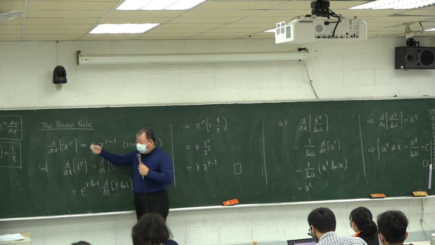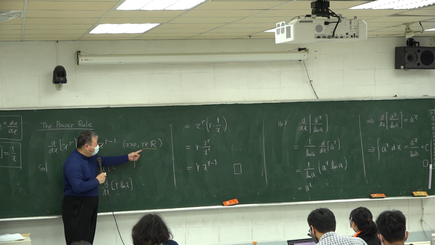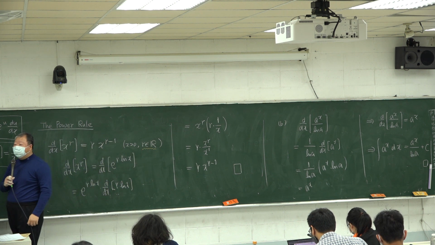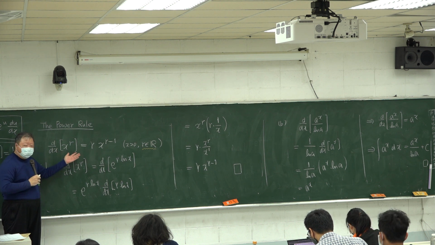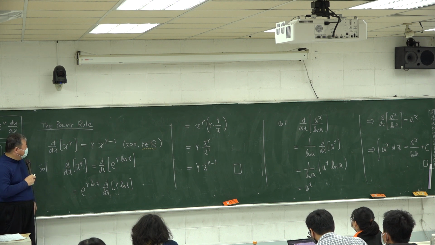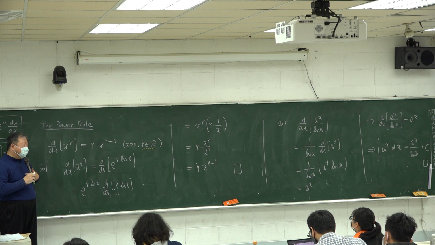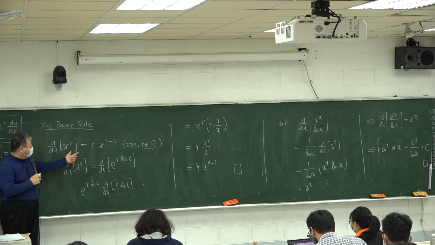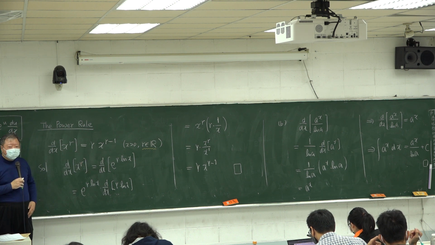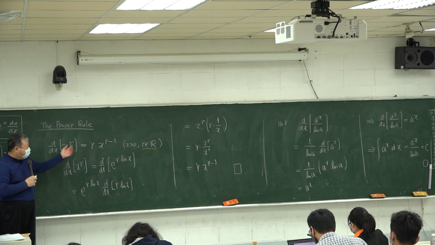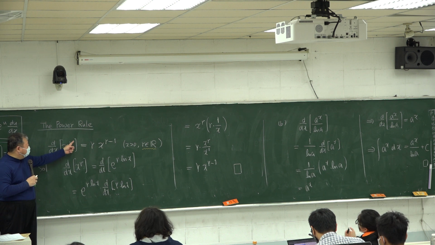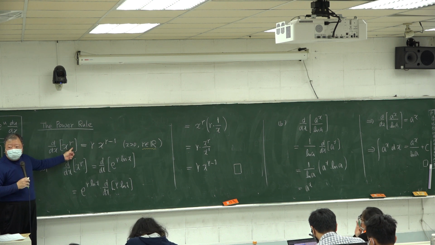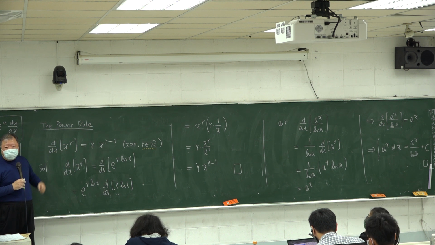The exponent can be an arbitrary real number. Though we knew this a long time ago, we knew that this relation was valid only for rational exponents, and for some suitable x.